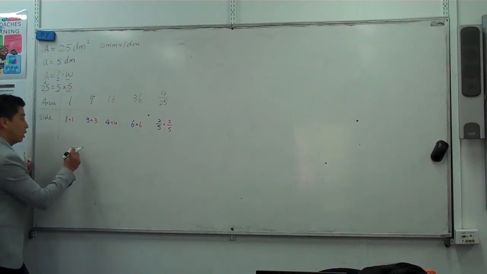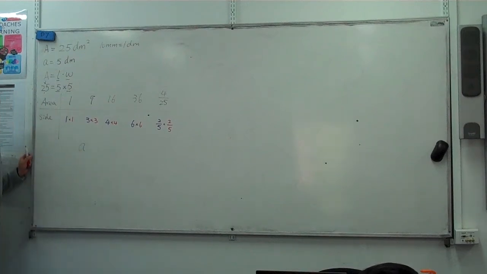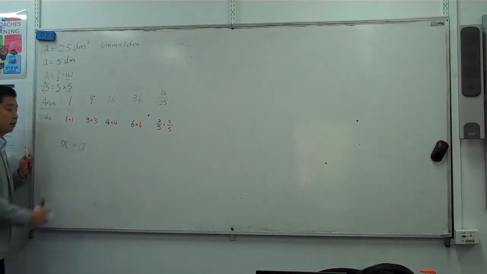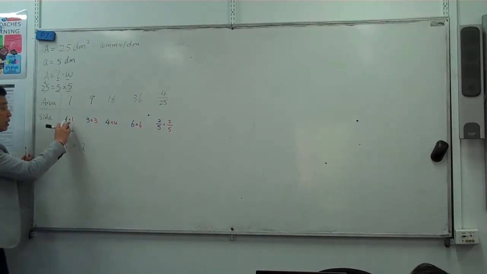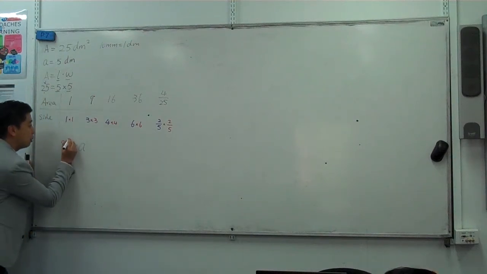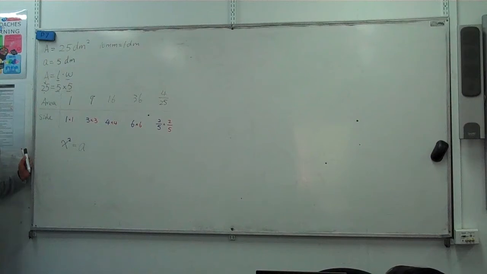Given a squared number, you need to find a number, and then times itself. That number to the power of 2 equals a. And then you need to find this number.